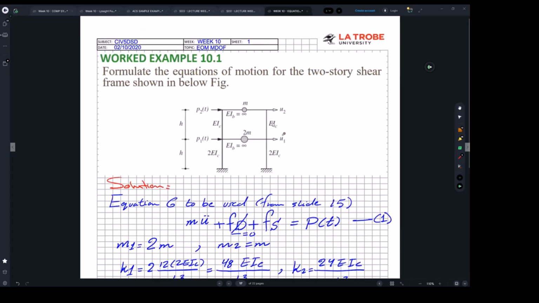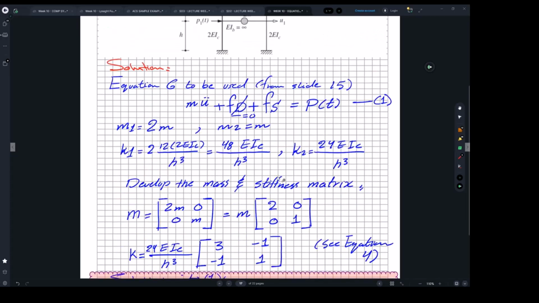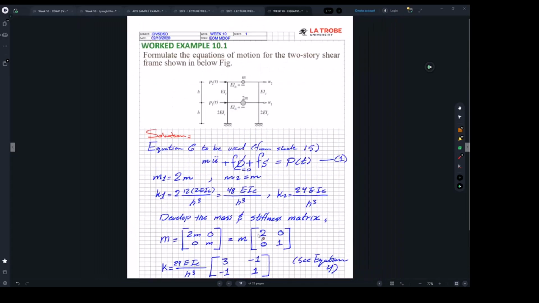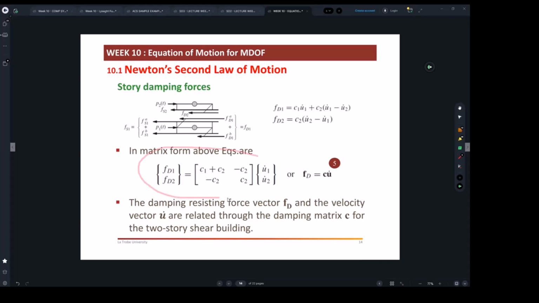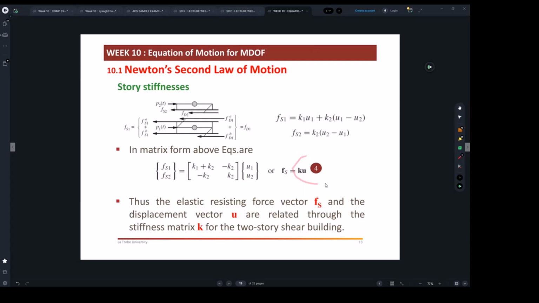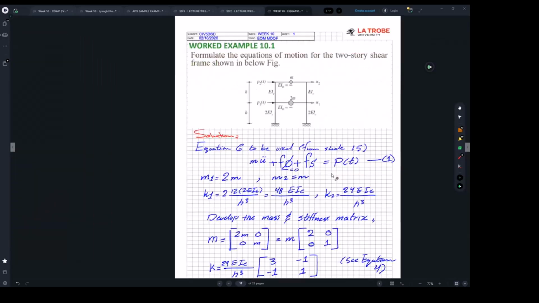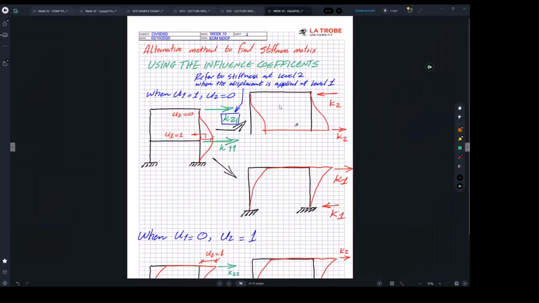Now, this process is done by substituting into the pre-formulated equations here, which is equation 4 or equation 5, right? There's another way, which I will also take you through, which is by using the influence coefficients.